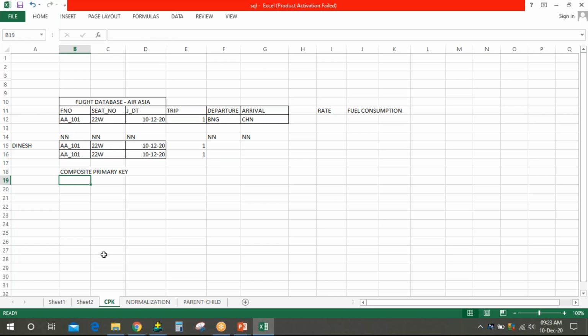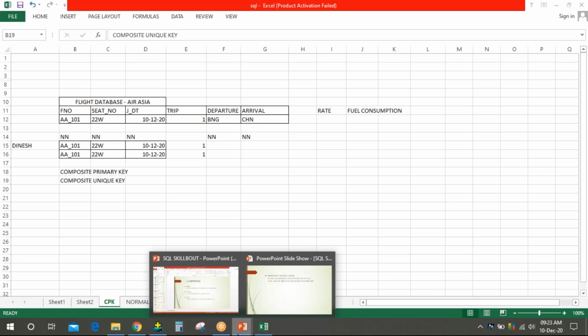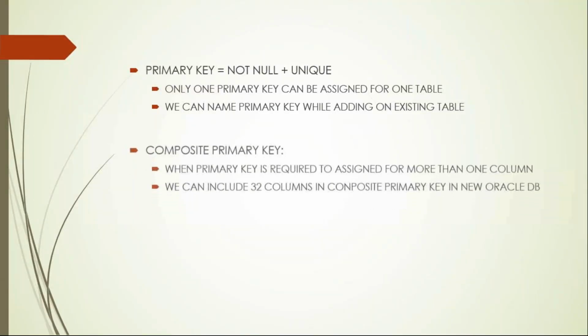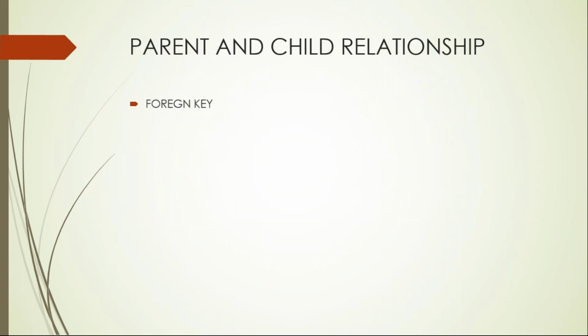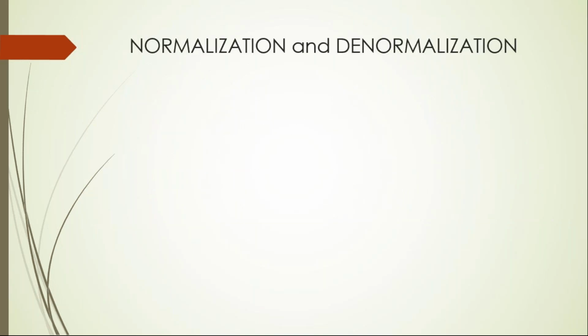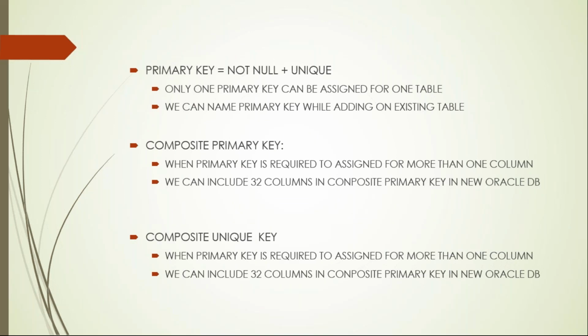And like the same composite primary key, we have composite unique key also. What primary key does, it will not allow null and duplicate values, but composite unique keys will allow the null values, but it will not allow duplicates. A composite key is required to assign more than one column, and we can use up to 32 columns.